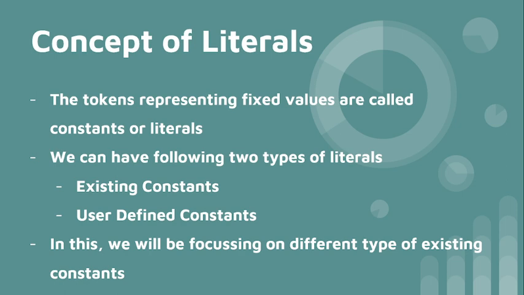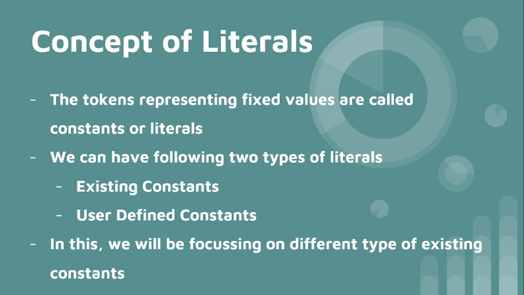Now we can have two types of literals, that is existing constants or user defined constants. So existing constant is something which is available and we'll be able to use it directly, and user defined constant is something that we can create as per need. For example, a pi value that we use in mathematics or in geometry.